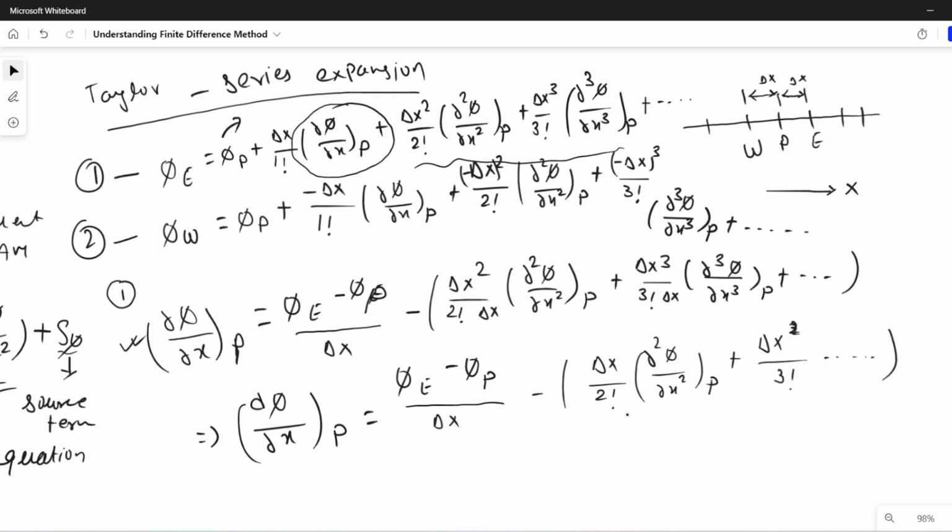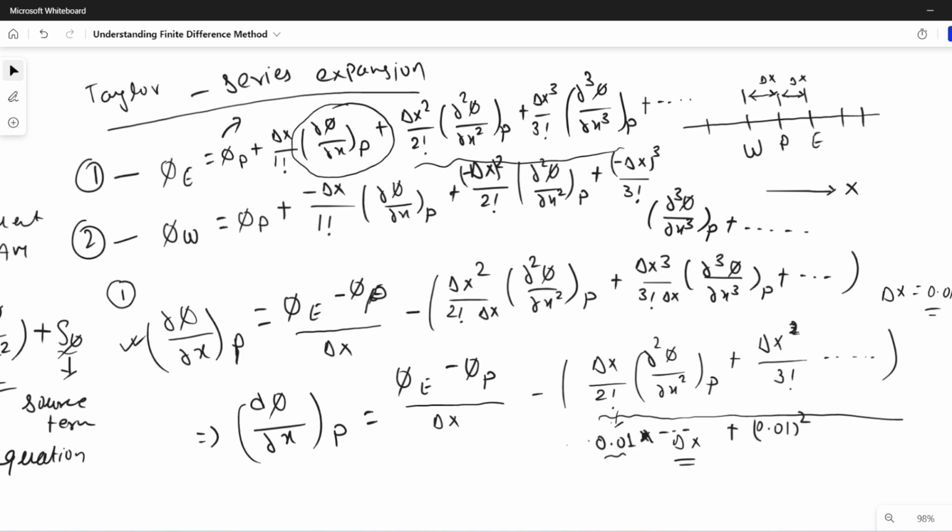Now I want you to focus on these terms. The order of magnitude of this term will be Δx. Why is this so? Because suppose my Δx is equal to 0.01. The value of this term will be 0.01 multiplied by other terms, and this one will be 0.01 squared.